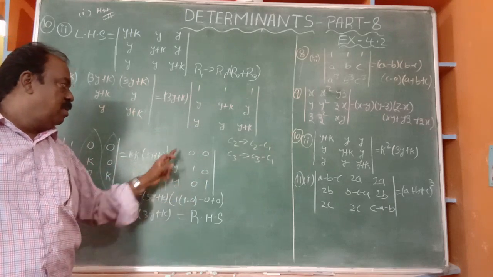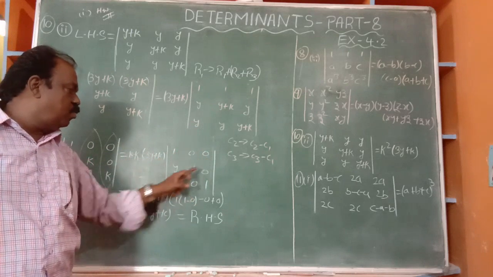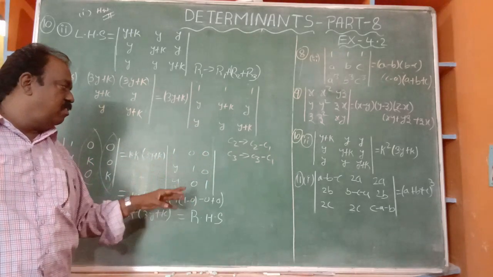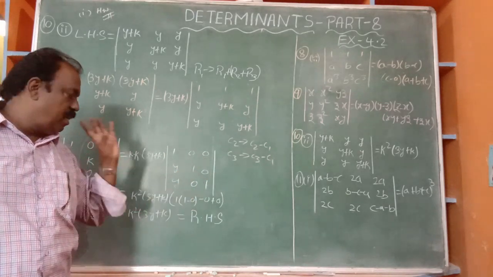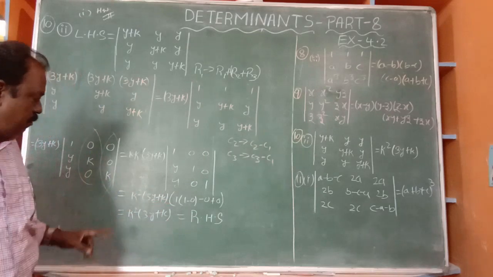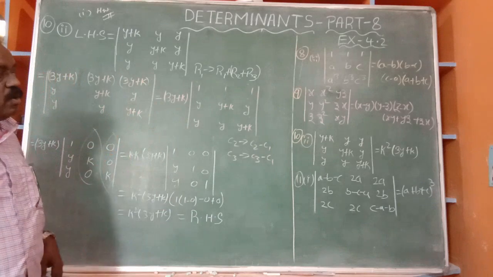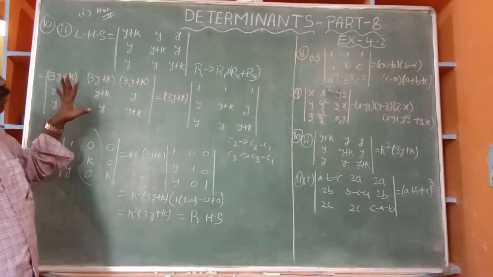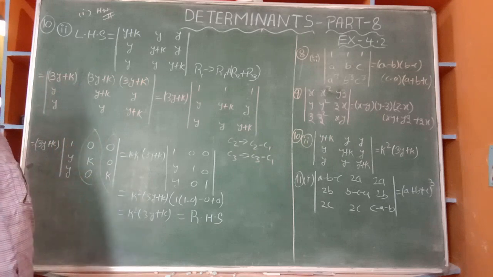Minus 0 into anything is 0, 0 into anything is 0. Again 0 into anything is 0. So 1 into 1 only; 1 into anything is the same. So it is k squared (3y plus k). That is what we require to prove. That is the RHS. Slowly, one or two times we have to repeat and observe that.